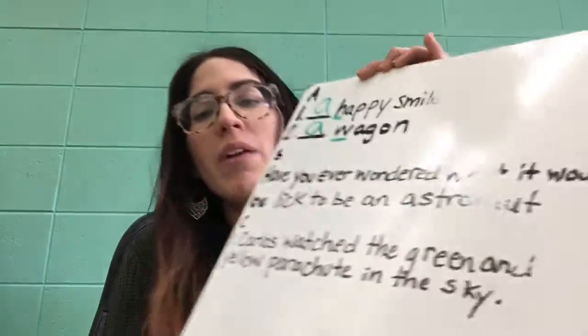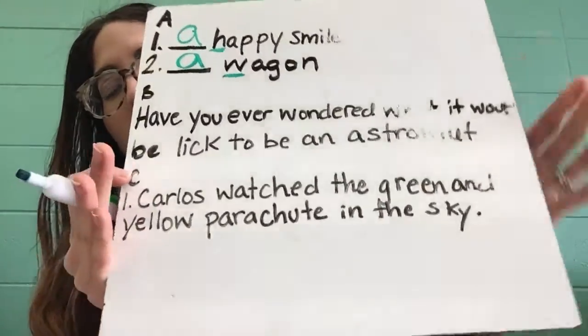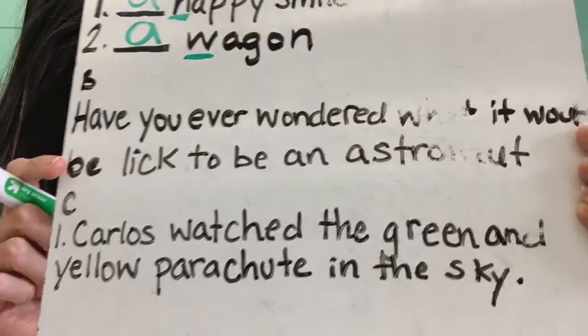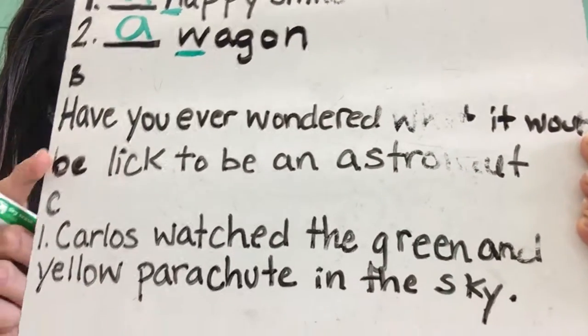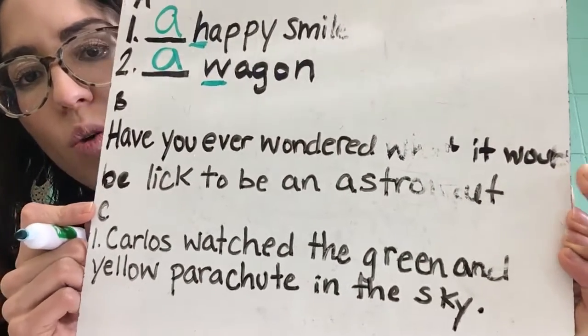Now, let's read the directions for B. Use proofreader's marks to correct the mistakes in the paragraph. Three little lines for capitalize, triangle arrow for insert, LC for lowercase, the squiggly for delete, SP for spelling mistake. In B, I have the first one written down: Have you ever wondered what it would be like to be an astronaut? Some of it erased, so we're going to put it back.